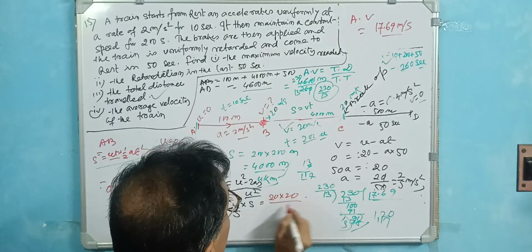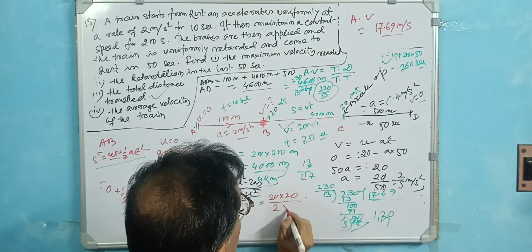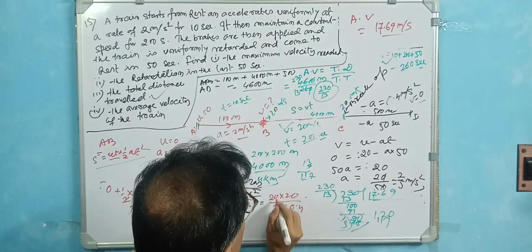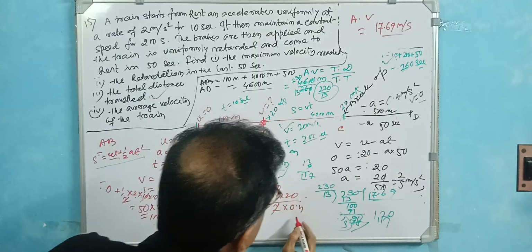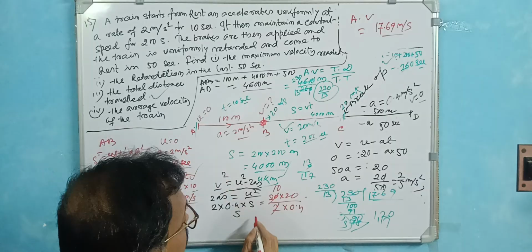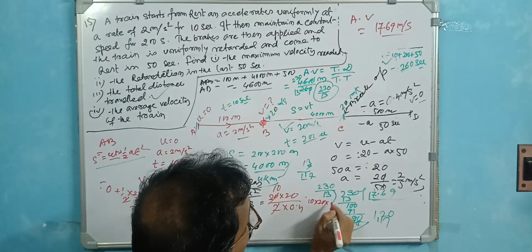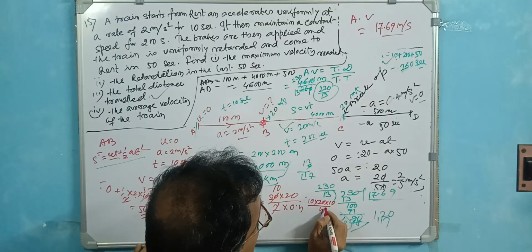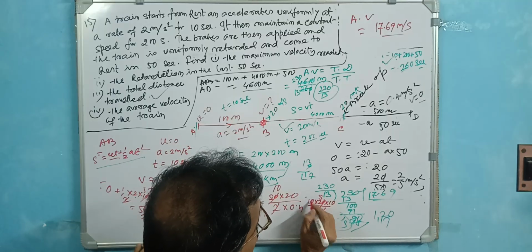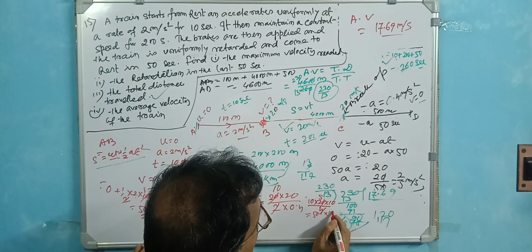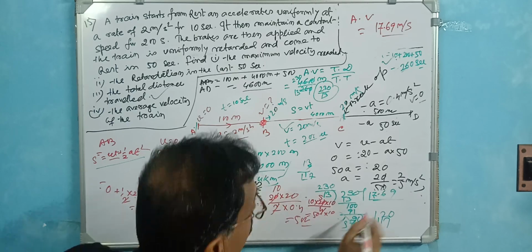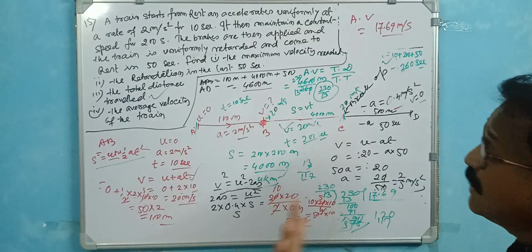So in AS, this is 2 and this is 0.4, that is 4 by 10. So 10 into 20, and 0.4 means 4 by 10. Here is 10, here is 4, this gives 5. Then you see 50 into 10, so this is 500. Okay, the distance is clear.